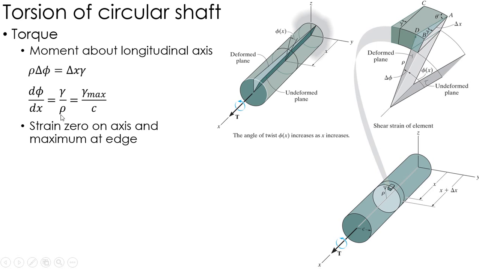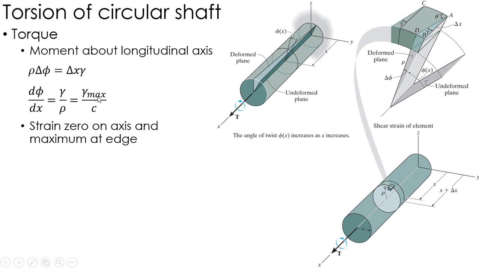If we think about what happens as I move out from the center, that strain would actually be 0 at the center. There would be no strain here. If you think about how this goes like this, when I get all the way down here, that arc length goes to 0 at the center, and it's at its maximum up here. That's essentially what this is saying: the strain is 0 at the center, and it's at its maximum at the edge.